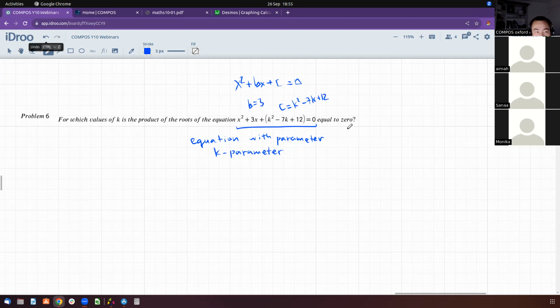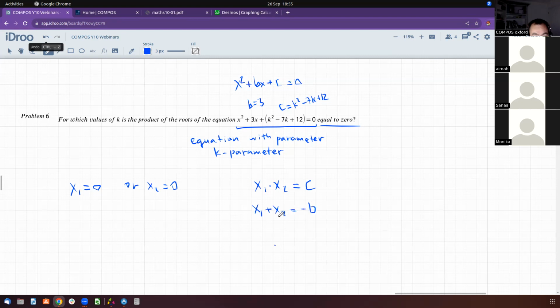It says one of the roots of the equation is equal to 0. So it's either x1 equals 0 or x2 equals 0. But we know that x1 times x2, from Vieta's formula, is equal to c. And we know that x1 plus x2 is equal to minus b.